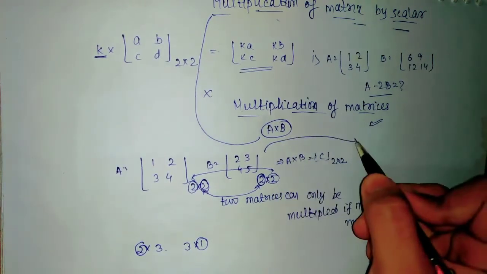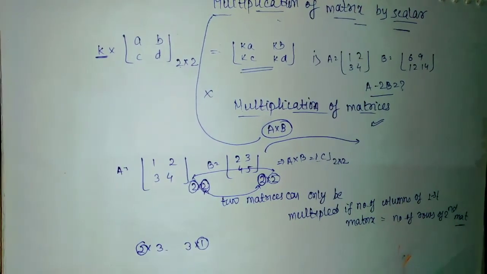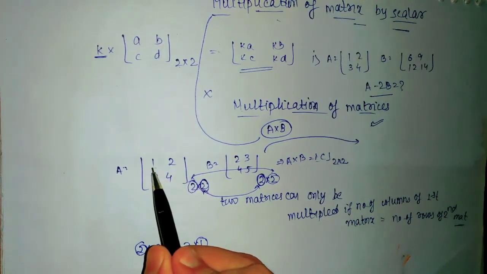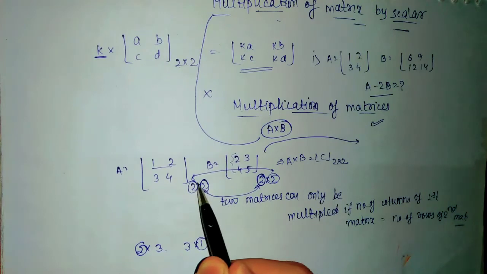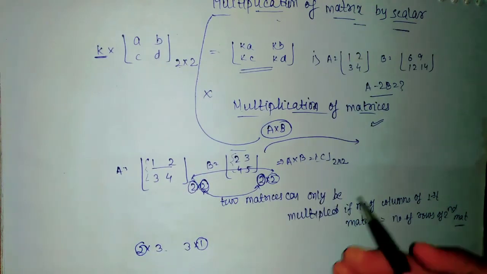Okay, now come to this multiplication. What we do in the multiplication of matrices is that we multiply rows with columns or columns with rows.